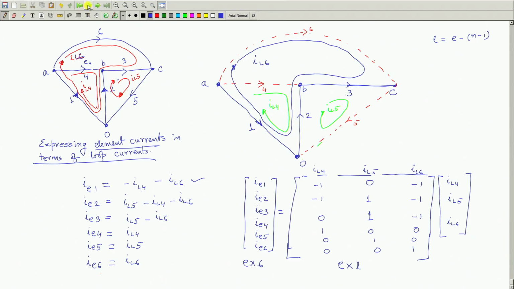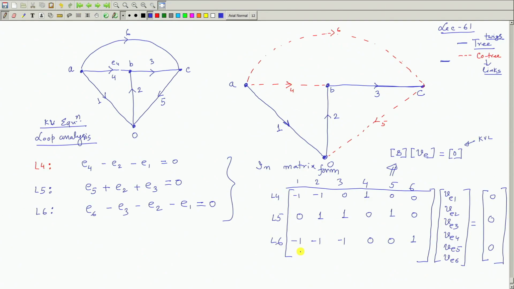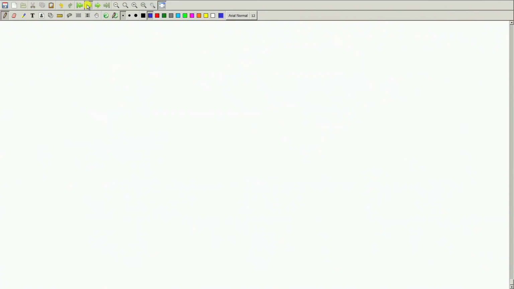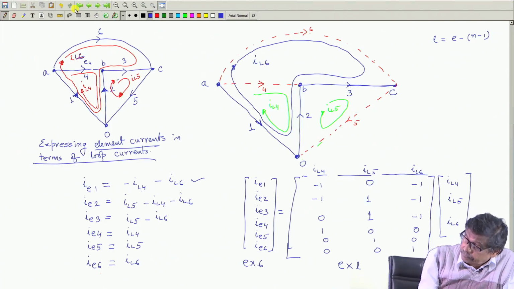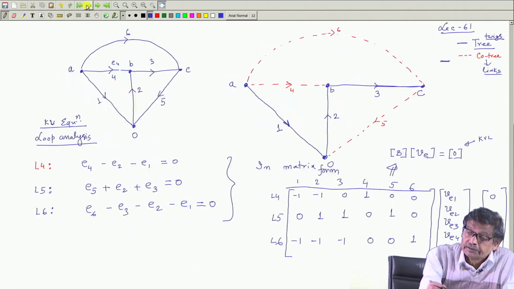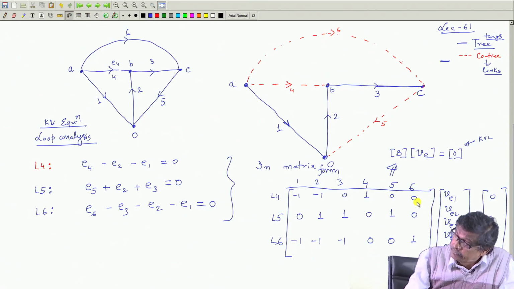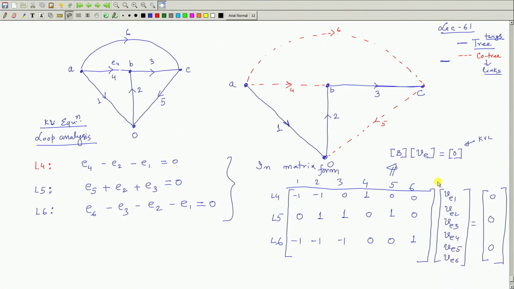Now, I have already defined the B matrix. You see here, this was the B matrix. Is there any space for copying this B matrix? Let me copy that in the previous page, so that this is the nature of the B matrix.